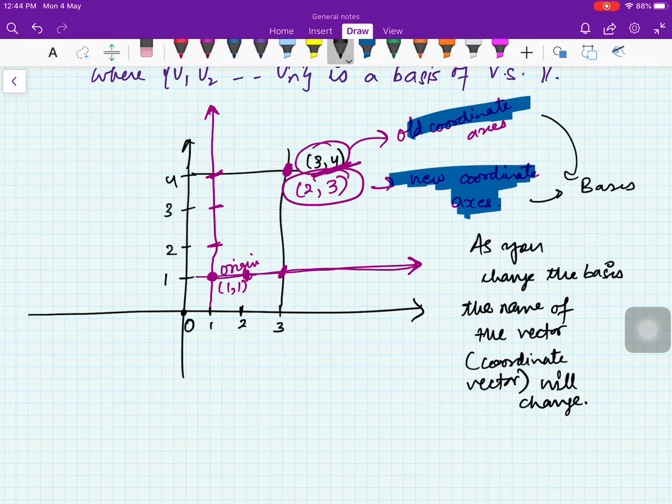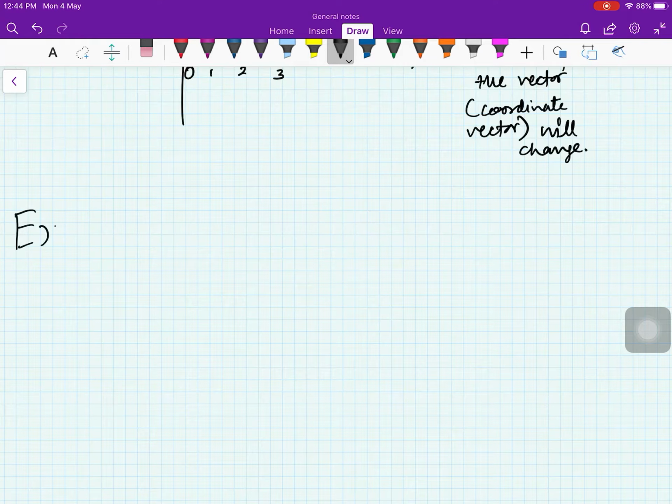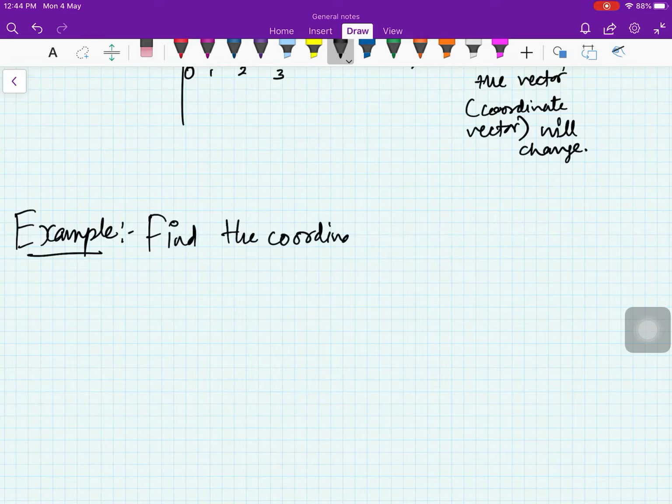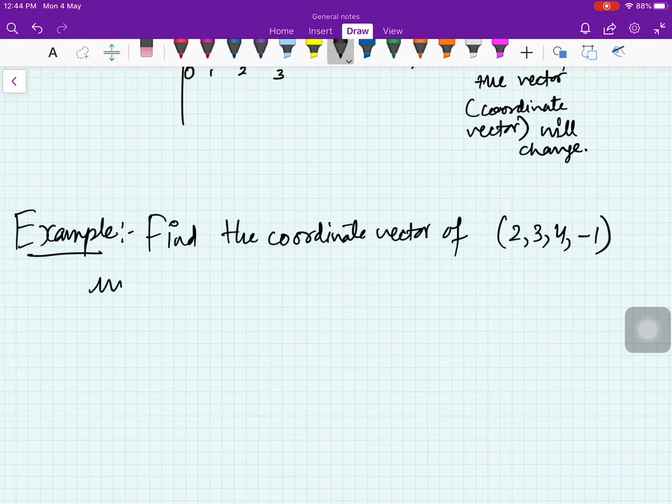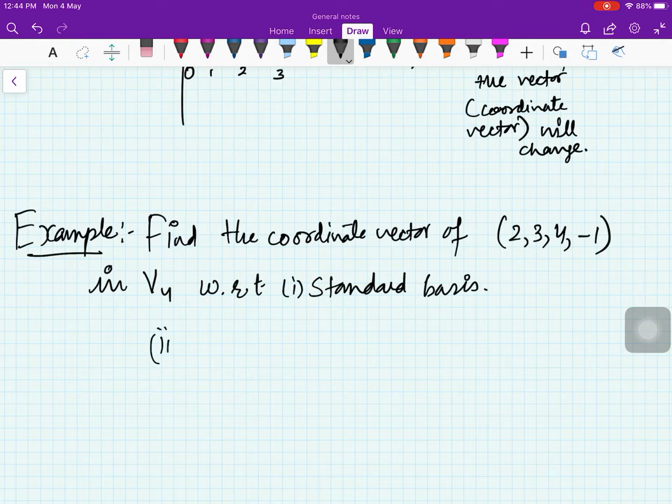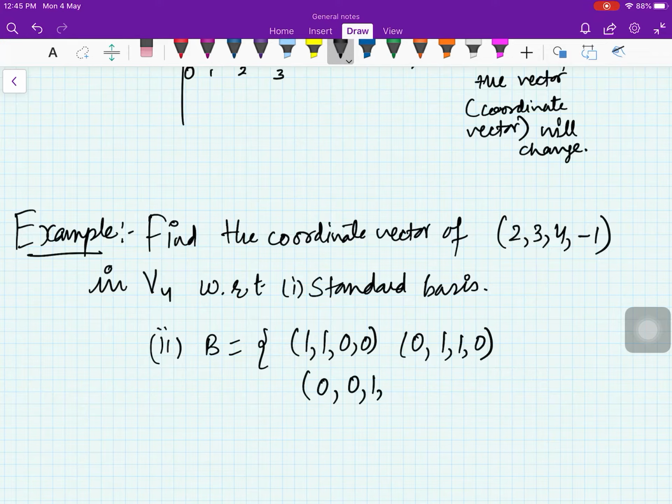Right? So let us look at an example. You are given the vector (2, 3, 4, -1) in V4, and you are asked to find its coordinate vector with respect to the standard basis and then with respect to another basis, which is given as (1, 1, 0, 0), (0, 1, 1, 0), (0, 0, 1, 1) and (1, 0, 0, 0).